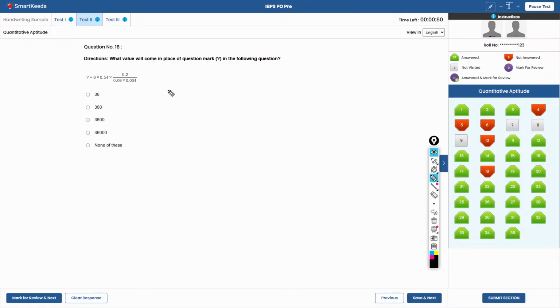And the last one is, do I have enough time for it? So this is going to be 9 times 0.000 point. So this is going to be 2. So 2 to 4 and 3600.